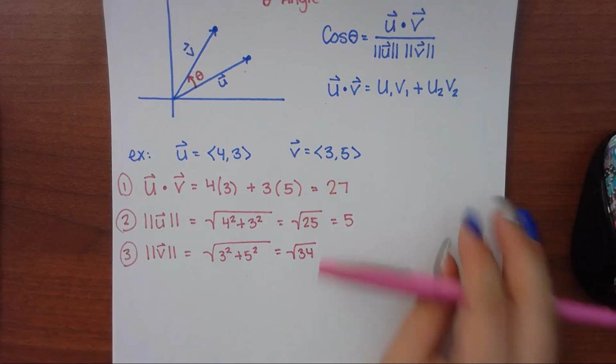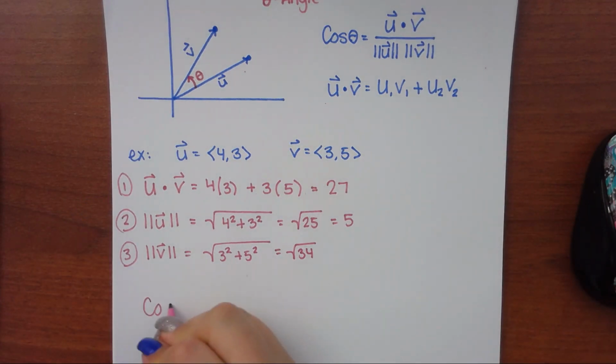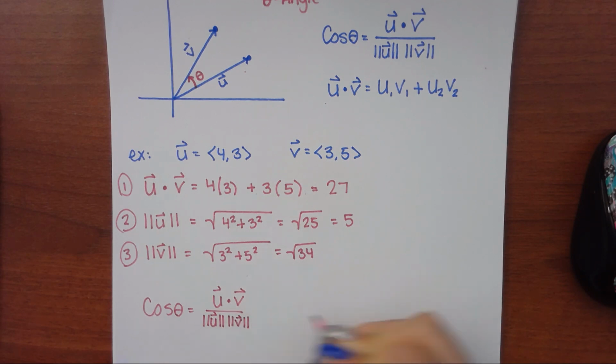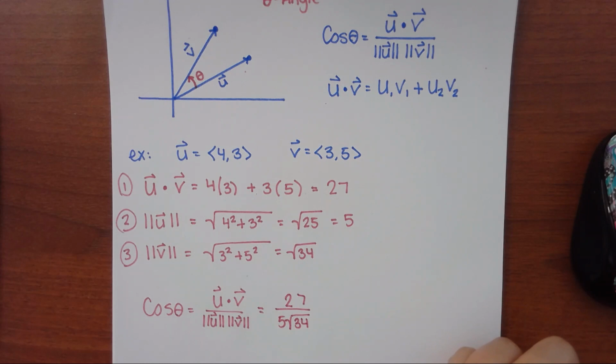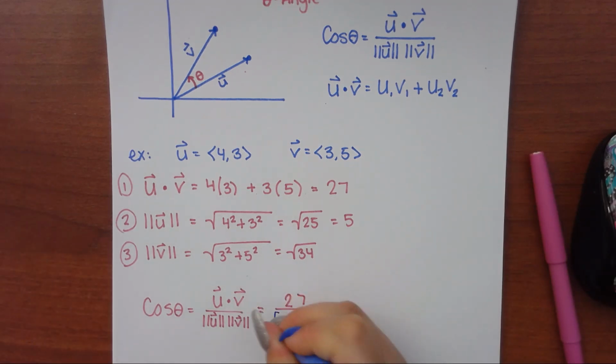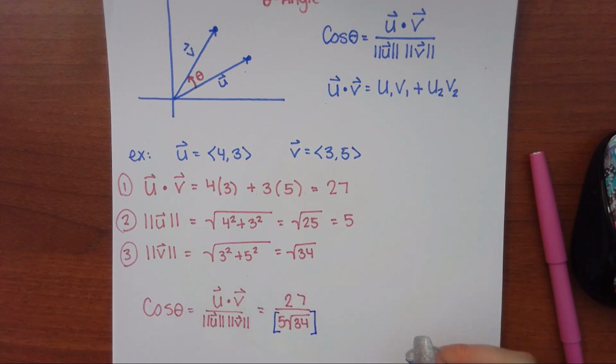So that means I'm taking cosine of theta, and I'm going to take my dot product and divide it by the multiplication of my magnitudes. So that is 27, my dot product, over 5 times the square root of 34. Now when you enter this into a calculator, please make sure that you put parentheses around the denominator.